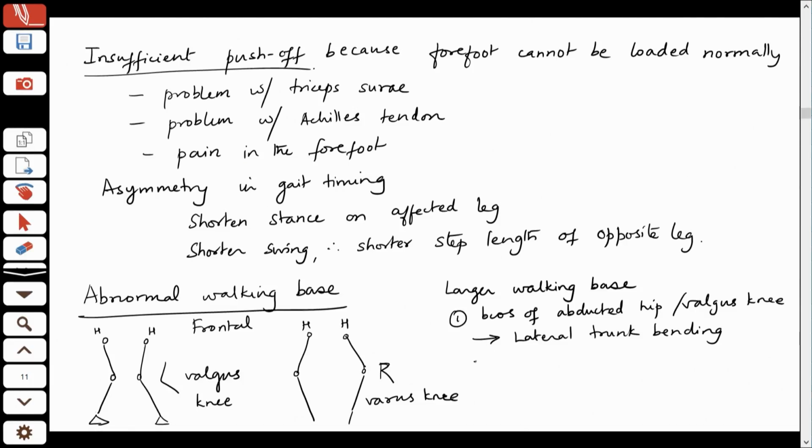Or if there is some sensory problem, then you may adopt a more conservative gait. You may take smaller steps, you may adopt a wider walking base in order to feel more stable. So, these are causes: the abducted hip or a valgus knee could result in a wider walking base, or it could be because of instability and a fear of falling.